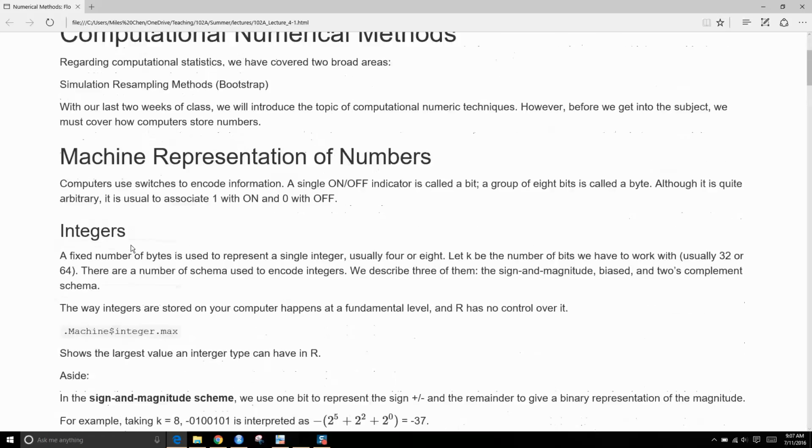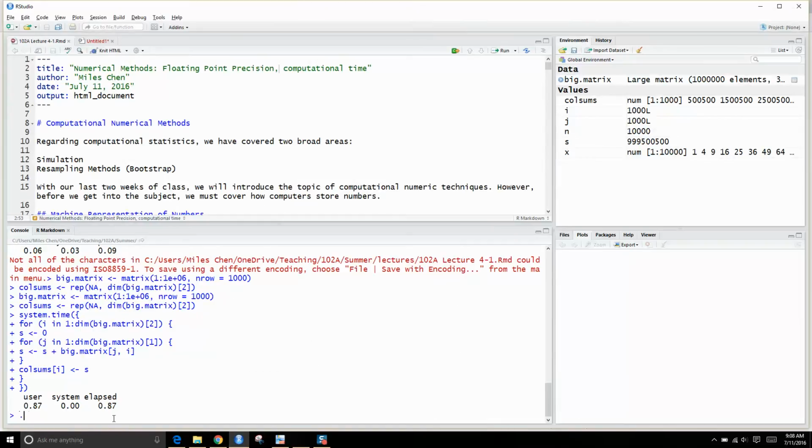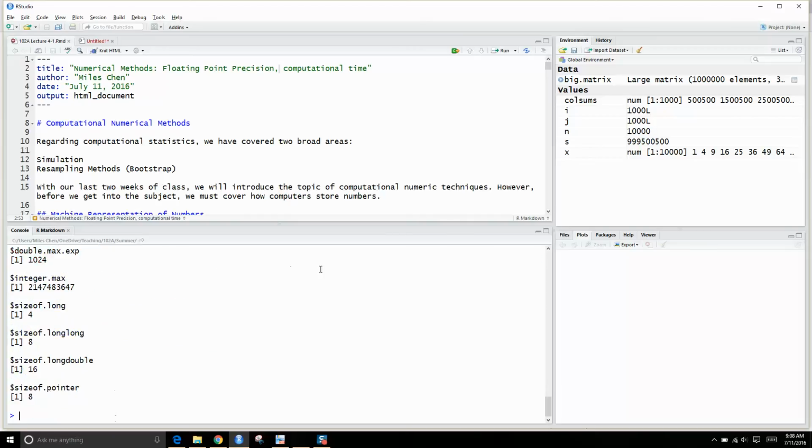But a large part of this depends on our understanding of the machine representation of numbers. That's going to play a large part in getting computational statistics to work, and so we'll have to go through a discussion of this. It can feel a bit dry at times, but I think it's worth noting. One thing you can do in R is type in .Machine, and it's going to spit out a bunch of stuff.